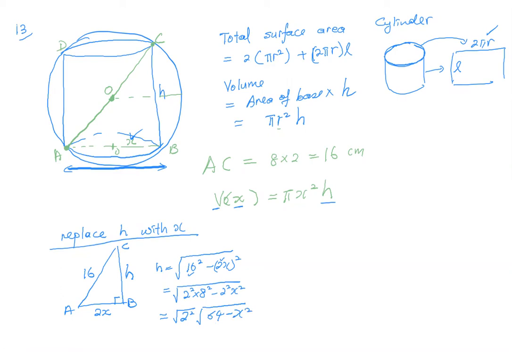So this is your algebraic skill already. I can just help you in this extent. So now I can replace pi x squared. H is 2 times the square root of 64 minus x squared.